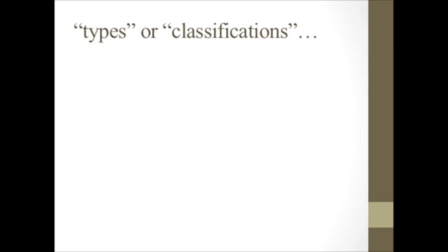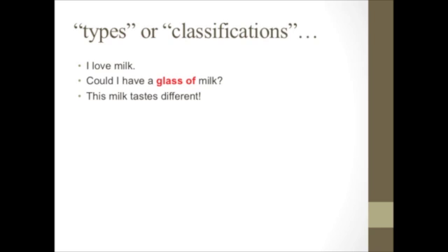When we are talking about non-count nouns that can play both sides of the fence, one of the meanings refers to different types of the item. For example, we all know that milk is a liquid that needs to be counted in a bottle, carton, glass, cup, etc. However, when you travel to another country and you sense a taste difference, you might refer to each country's milk as a different type.